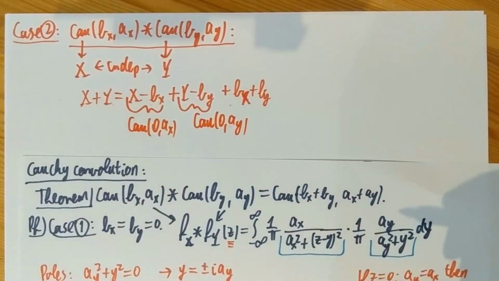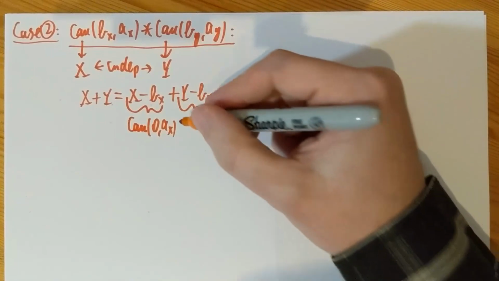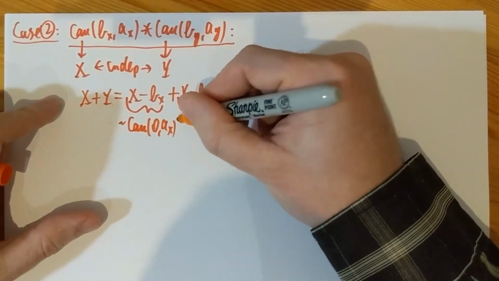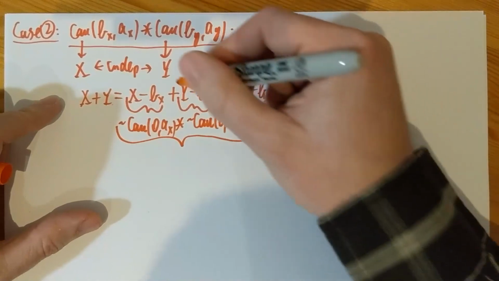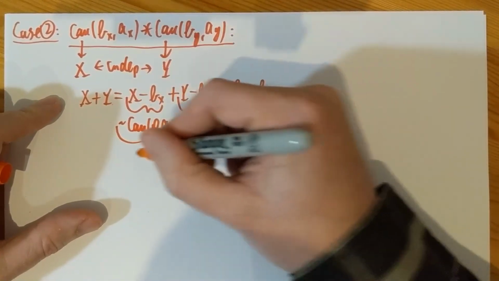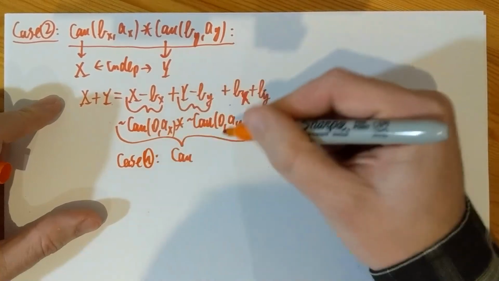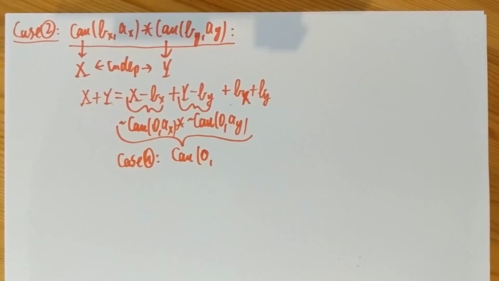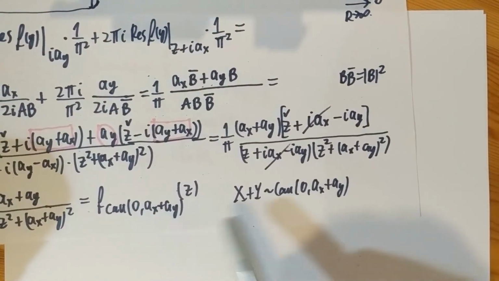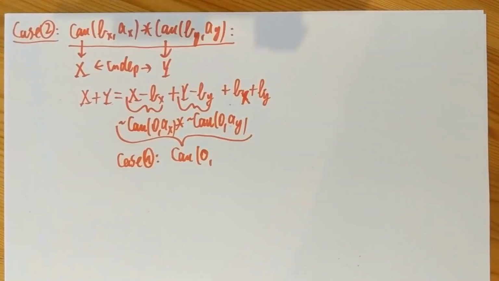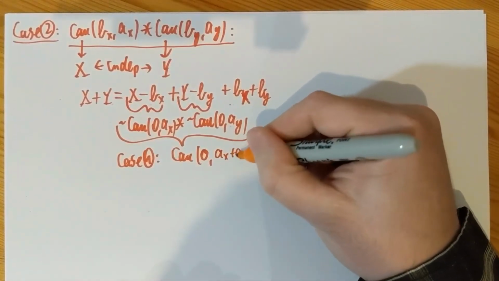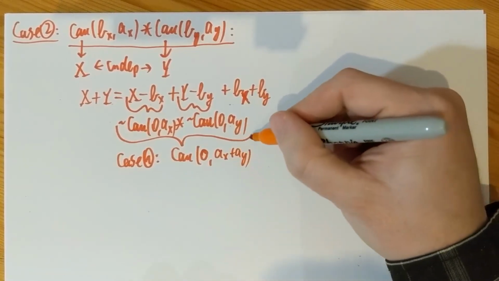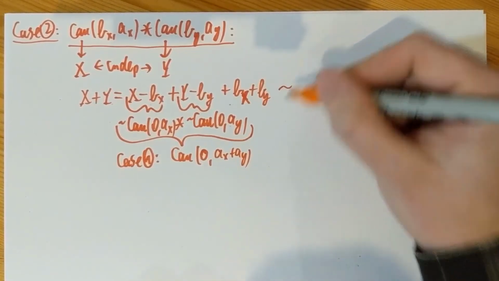Of course they are still independent, so I have to convolve them to find the distribution of this sum. According to case 1, this is going to be Cauchy of 0 and the a's added up. That's what we just found in the previous case. So ax plus ay. And now I'm going to shift it back by adding these constants here.